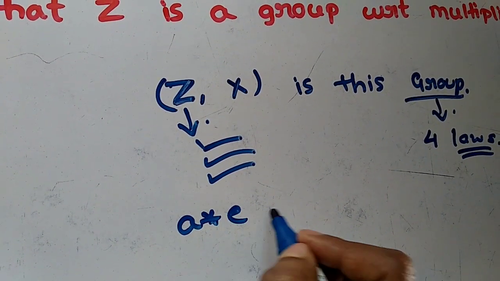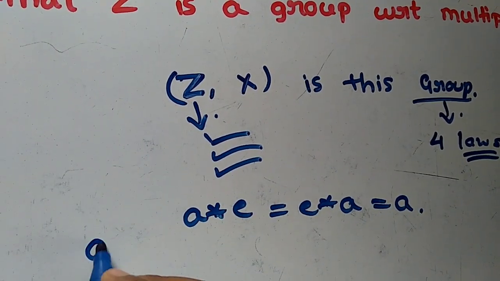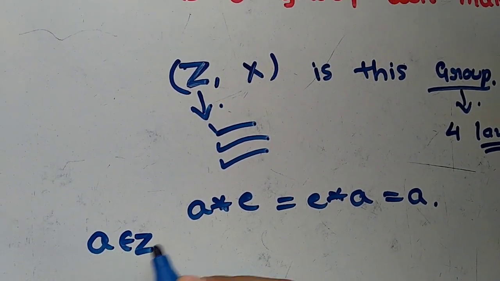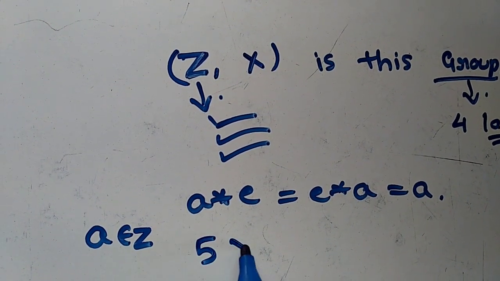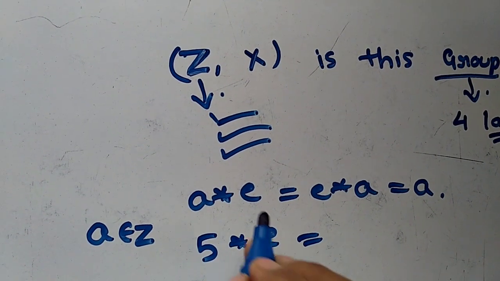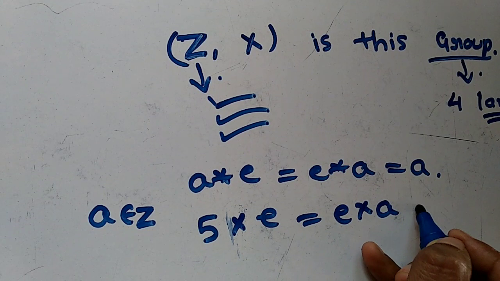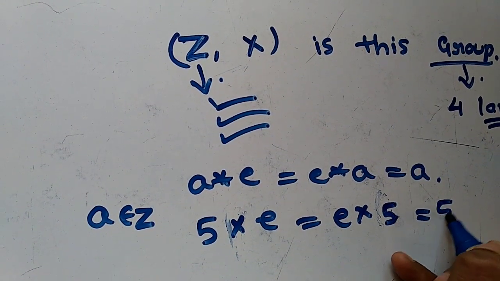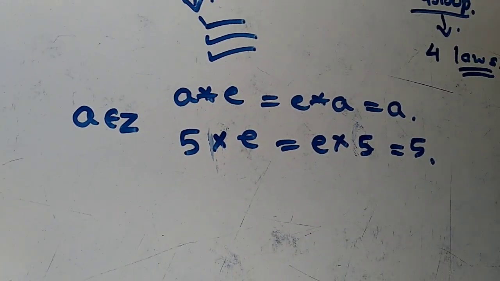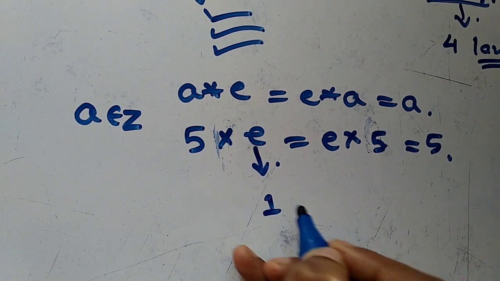A star E and E star A is A. If you take any element belonging to Z, I am going to take 5. Here E, with operation multiplication, with A which is 5, I get 5 only when E is 1.